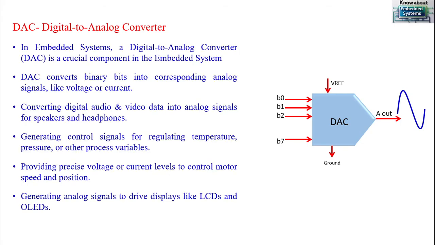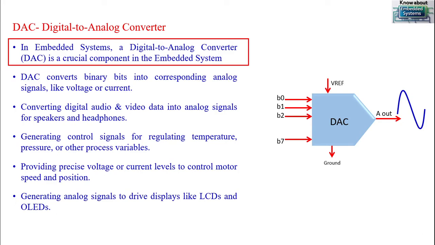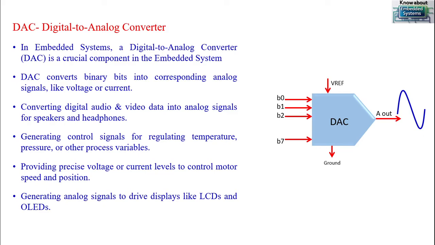What is the need for this DAC? As I told you already, DACs play a very important role in embedded systems. Without a DAC, it is not possible to produce your embedded system design. So what is the input to the DAC? The input to the DAC will be digital bits. Here you can see this is your input: binary bits. That is digital data we give as input to the DAC, and the output from the DAC is analog output.